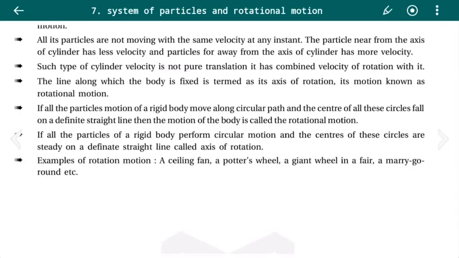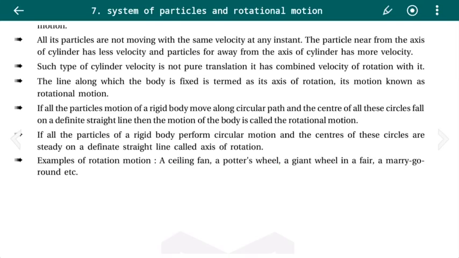If all particles of a rigid body perform circular motion and the centers of these circles are on a definite straight line called the axis of rotation. That means in a rotational motion all the particles will be exhibiting circular motion, and for all of those circular paths the center will be on the rotational axis.